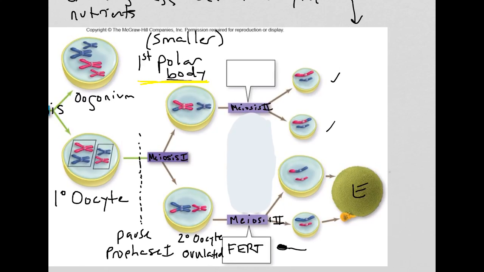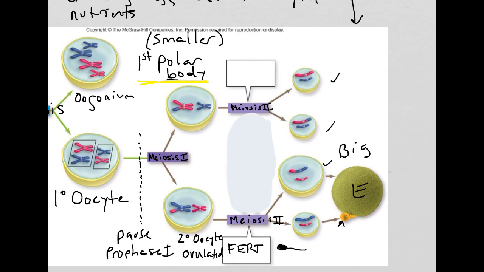The sister chromatids will be separated, and one of the daughter cells that comes out of this cytoplasmic division will be big. The other one will be a little garbage can of extra chromosomes, and it will most likely stay attached to the egg, just sitting over there on the side.